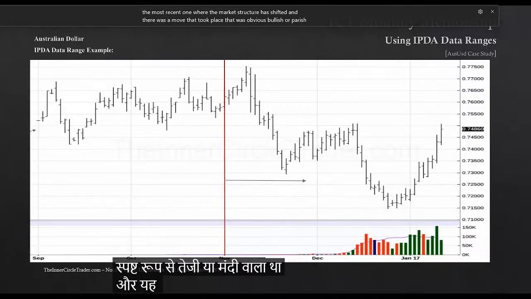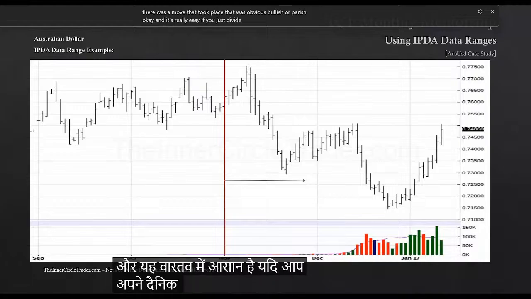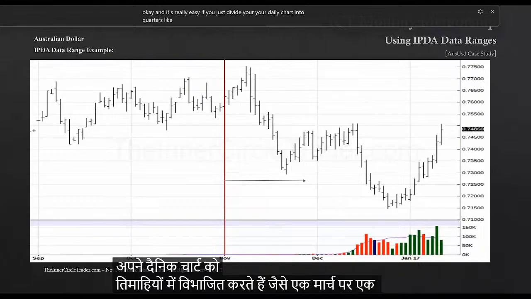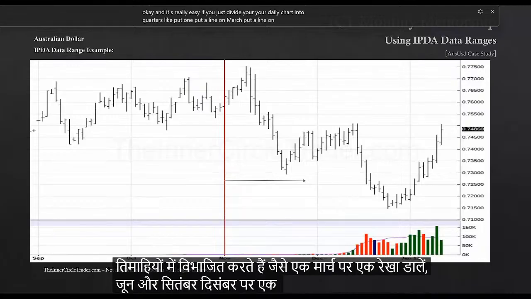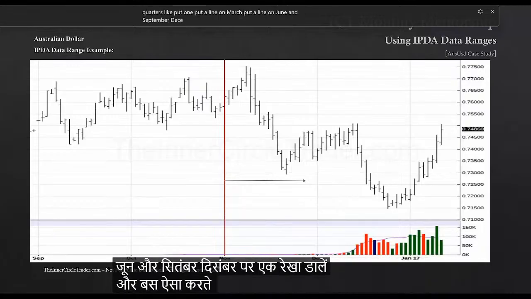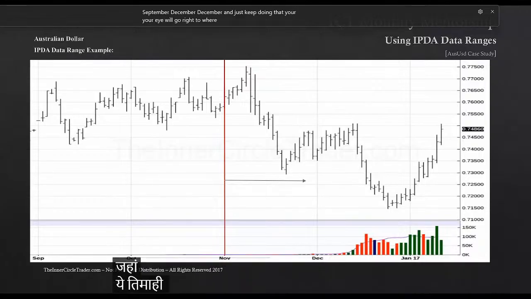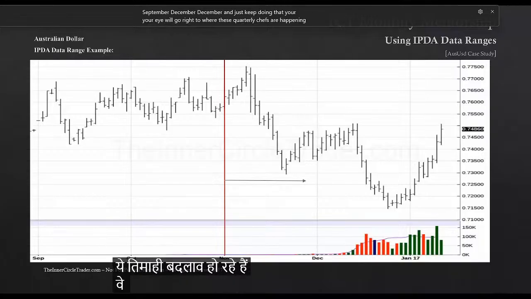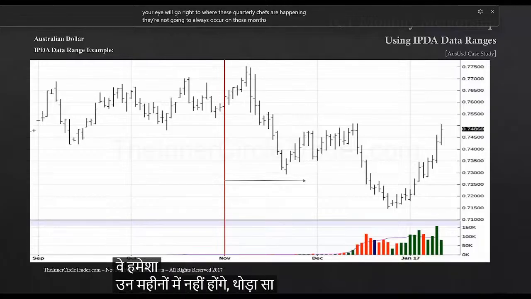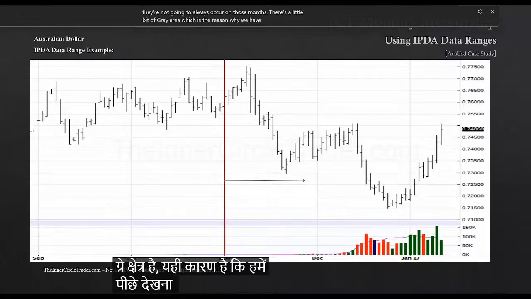It's really easy if you just divide your daily chart into quarters: put a line on March, June, September, December, and just keep doing that. Your eye will go right to where these quarterly shifts are happening. They're not always going to occur on those months. There's a little bit of gray area, which is the reason why we have a look back and a cast forward.